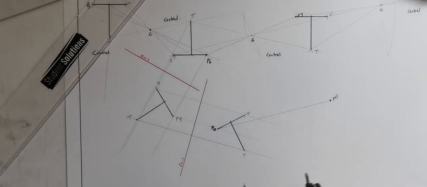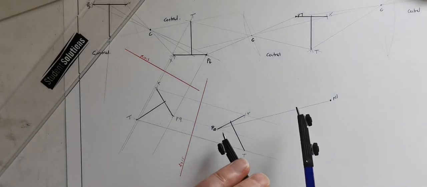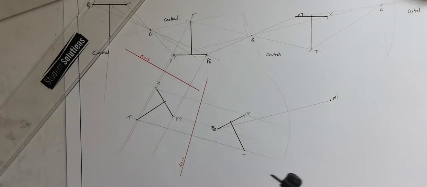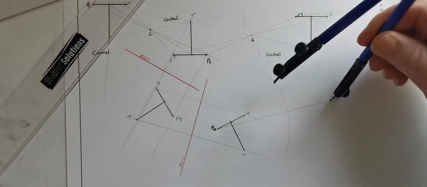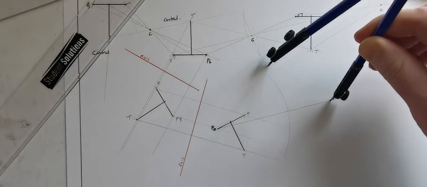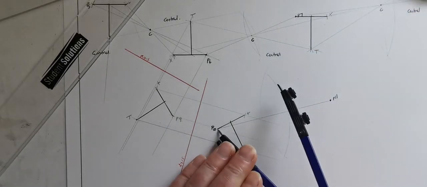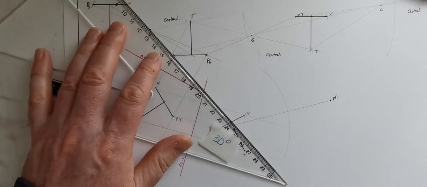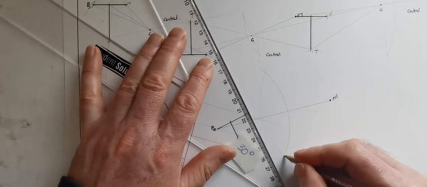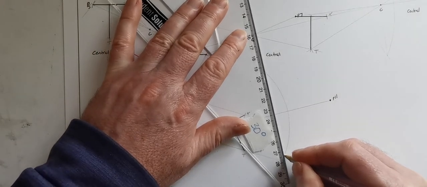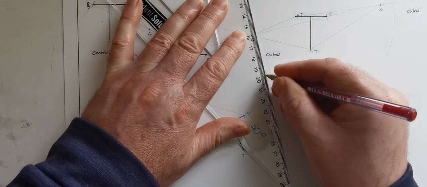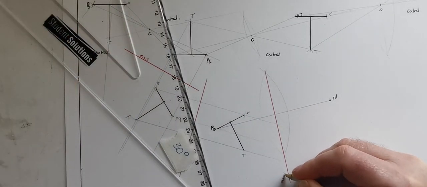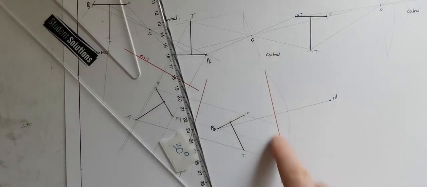Now, we're going to bisect that line now. So open it more than halfways, swing our arcs. And this actually is the axis.